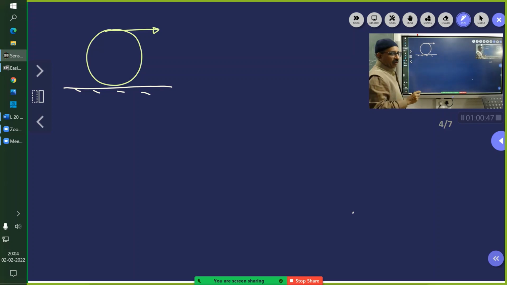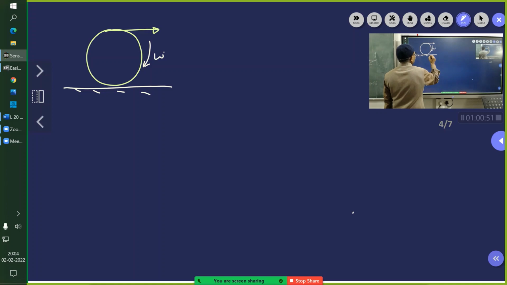So they have told it is rolling without slipping. That means there will be omega here. And they have told to take this as M and R. So therefore the friction will be like this, and this is the force that is acting.